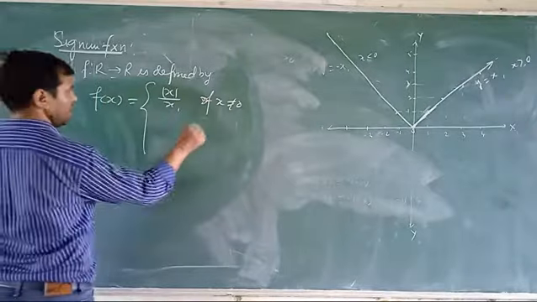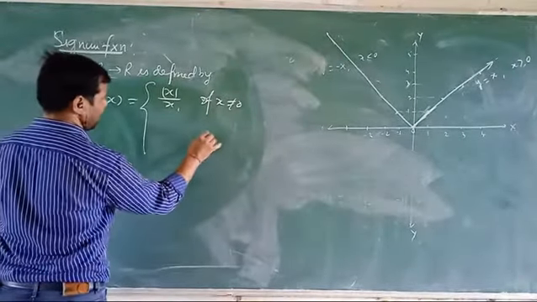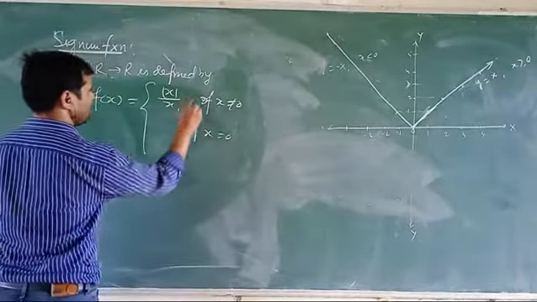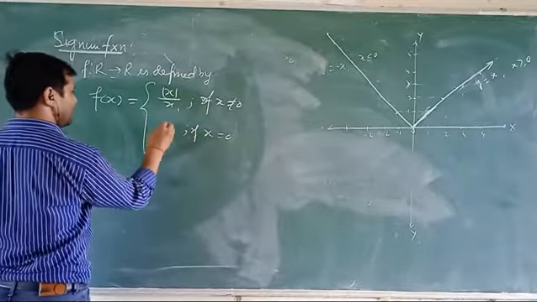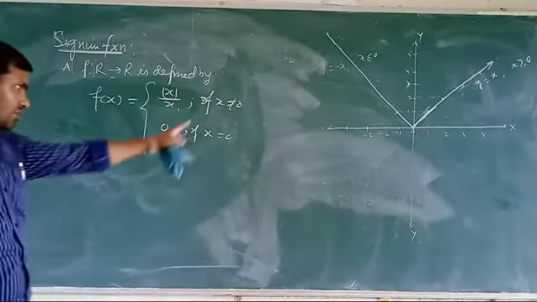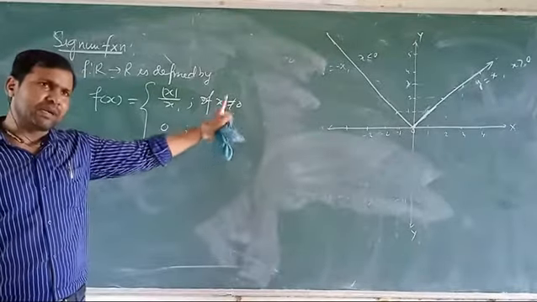Okay, here is the x, if x equal to 0 then it becomes 0. It is not equal to 0 means less than 0 and greater than 0.